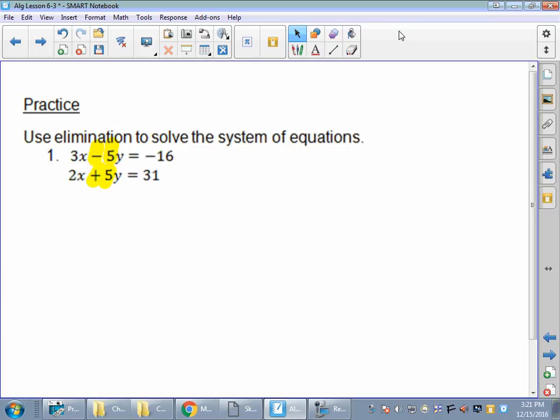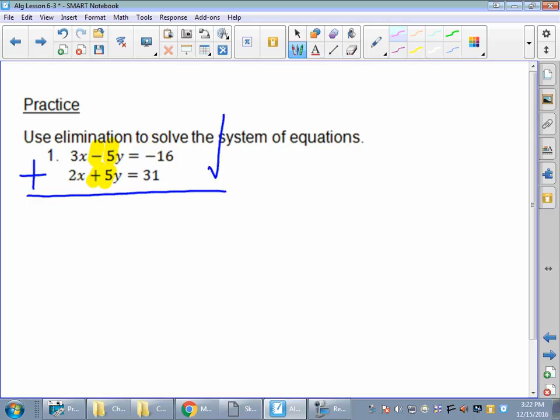So what we're going to do is add the equations straight up and down. If I go 2x plus 3x, I get 5x. If I add straight up and down -5y plus 5y, I don't have any y's left. Those variables got eliminated.